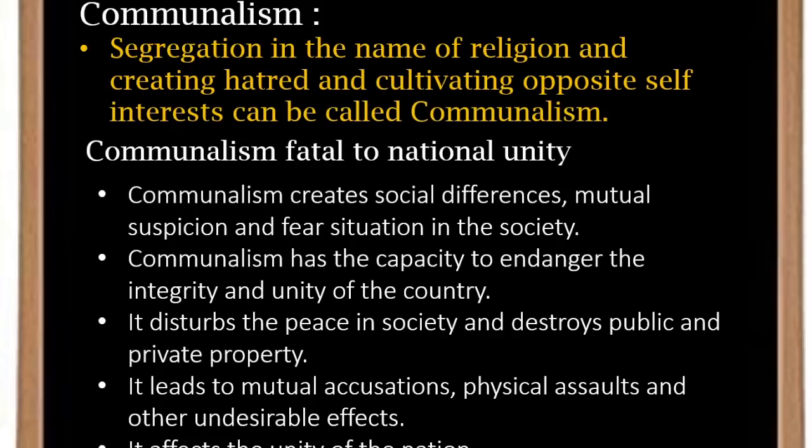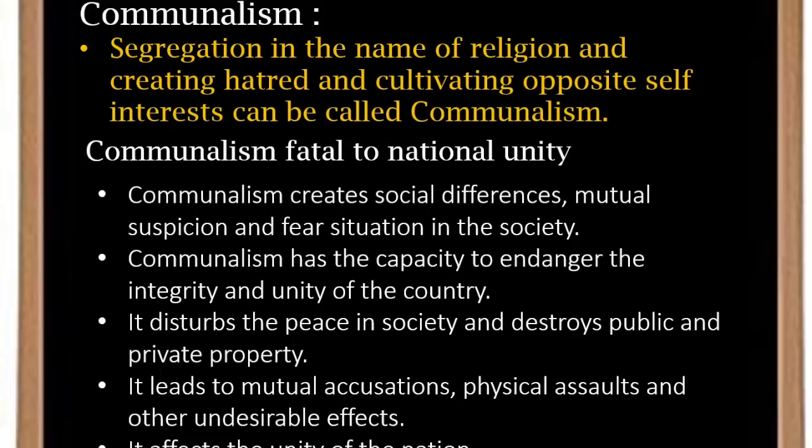India is a multi-religious country in which people belonging to different religions, different communities, Hindus, Muslims, Christians, Sikhs, Jains, Buddhists, Zoroastrians. So in a country where such diverse communities are living, there must be communal harmony among people.